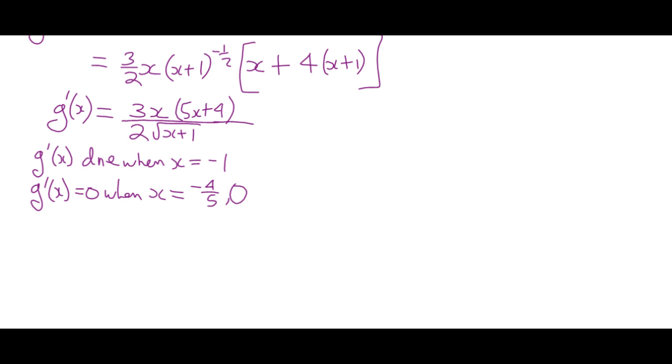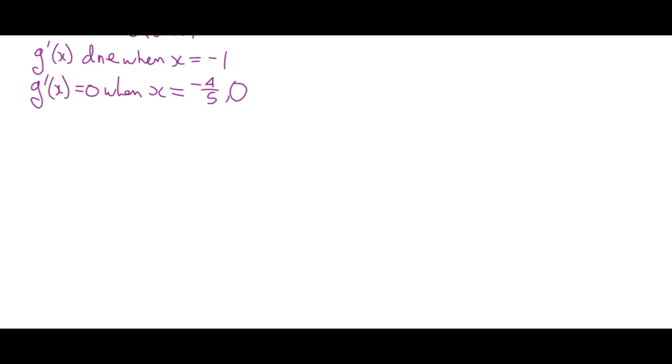All right, so we can construct a chart. And what's going to go in this chart? Well, we can't go below -1, right? Because g of x itself doesn't exist if x is less than -1, although it does exist at -1. So that's a value we're going to need, because we need the extremes of the interval. So g of x is defined from -1 up to infinity.